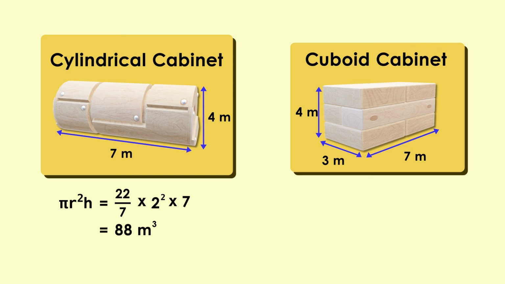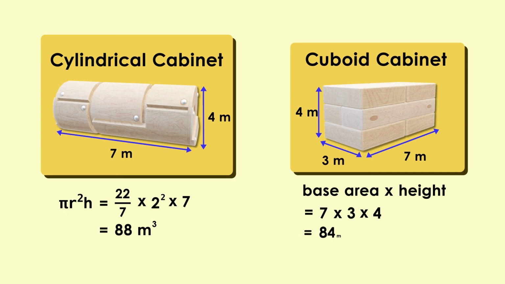For the cuboid cabinet, we use the base area multiplied by the height. Base area is 7 times 3 multiplied by the height, which is 4. The volume of the cuboid cabinet is 84 cubic meters.